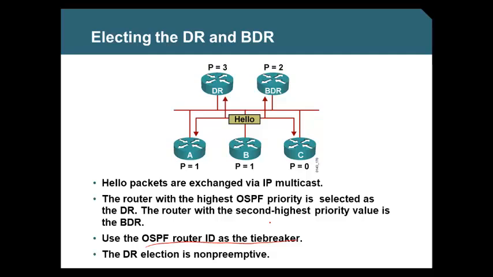But when a priority is set like this, then the highest priority router is selected as DR, and the second highest will become the BDR. If there is any router with priority 0, it will never participate in the election. It will remain DROther always.